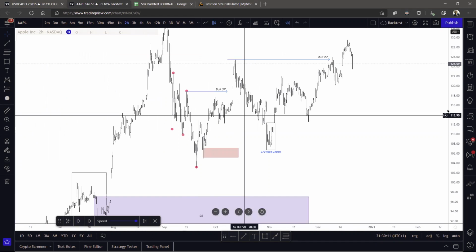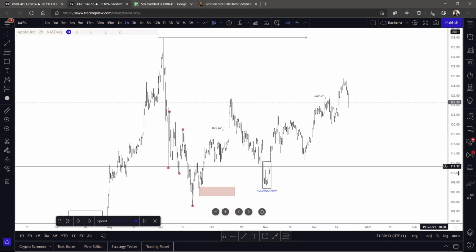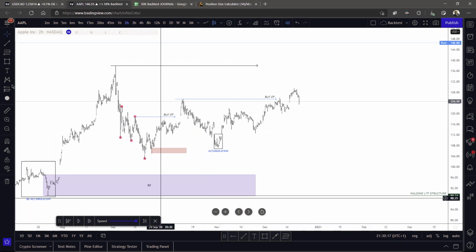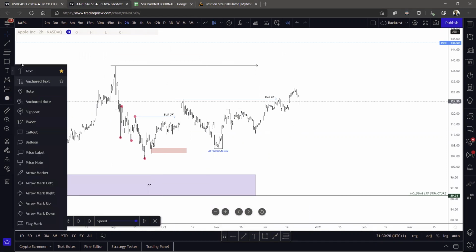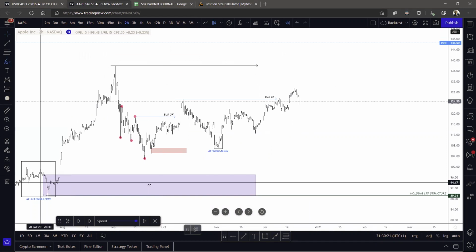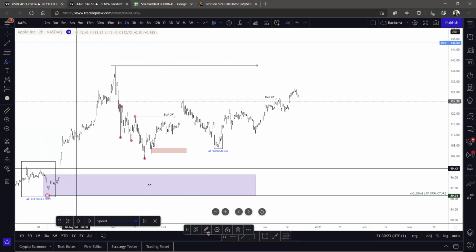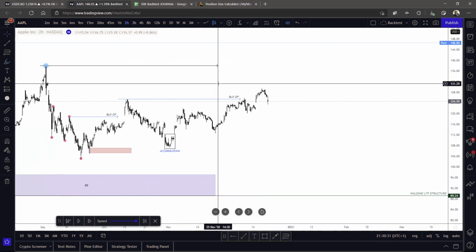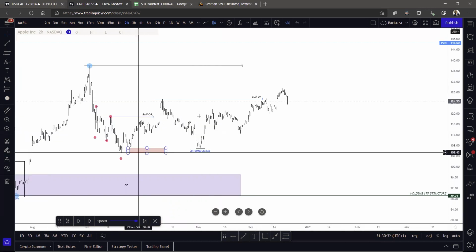Right. We haven't quite yet broken the structure. So the structure has been held by this. And this. Okay, so we can see bullish order flow.